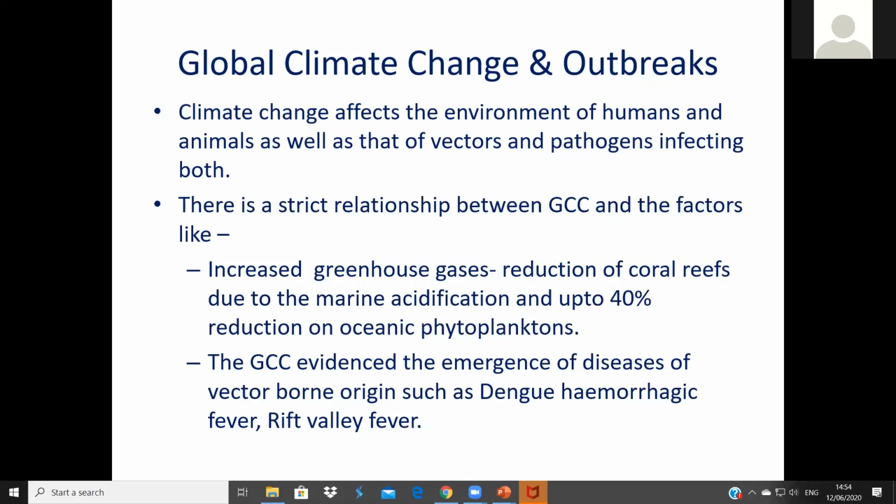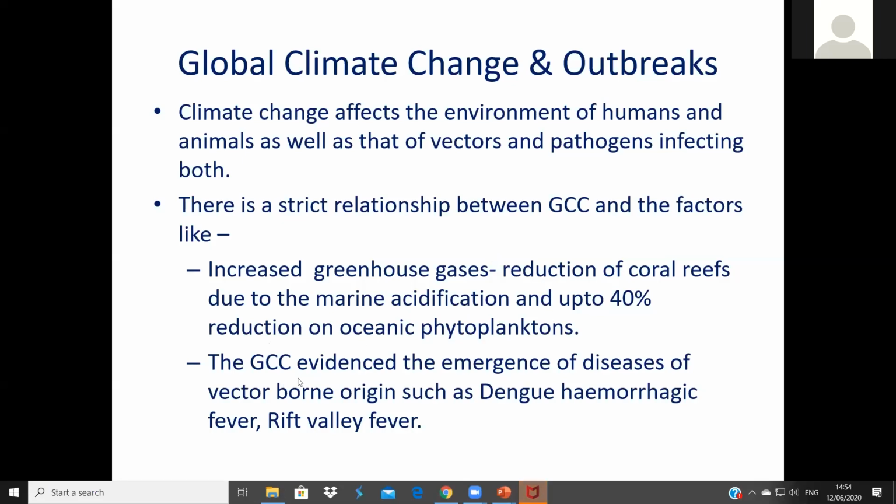Climate change has affected the environment of humans as well as animals and their vectors and pathogens infecting both. We have found that there is a strict relationship between global climate change and factors like increased greenhouse gases, which has led to reduction of coral reefs due to marine acidification and up to 40% reduction in oceanic phytoplanktons.